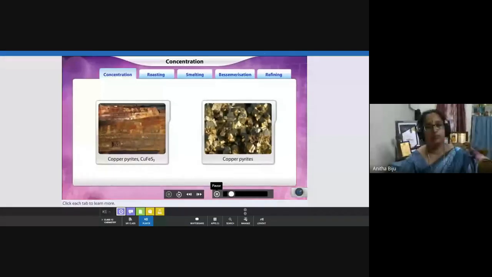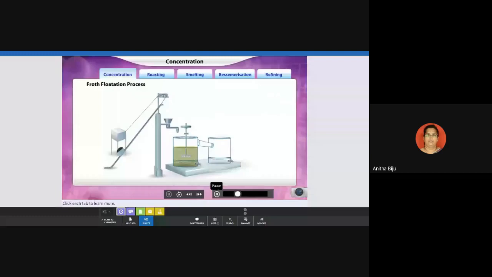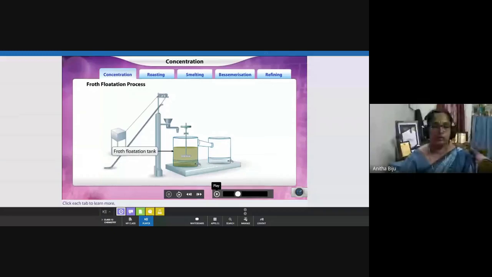To remove these, the ore is first crushed and then ground to a fine size. Being a sulfide ore, it is concentrated by the froth flotation process. Mention the name of the process: concentration done through the froth flotation process, because it is a sulfide ore.